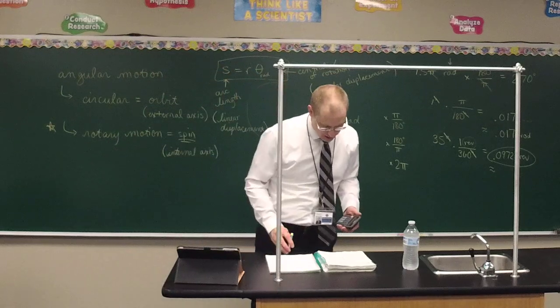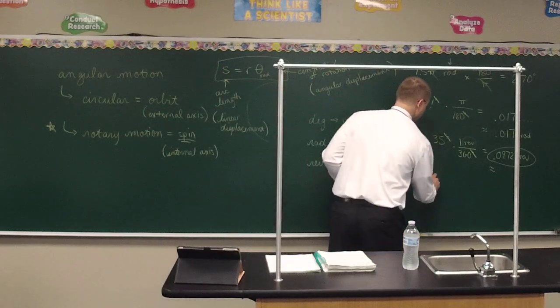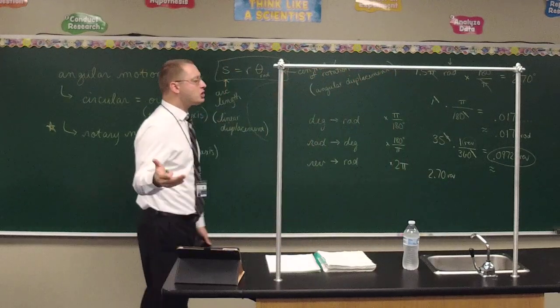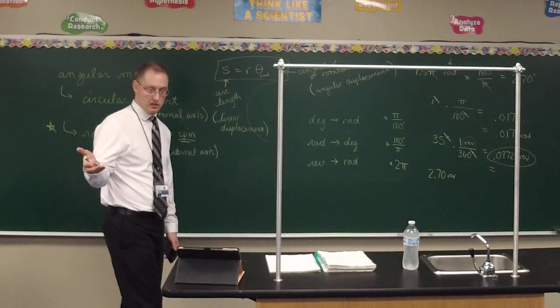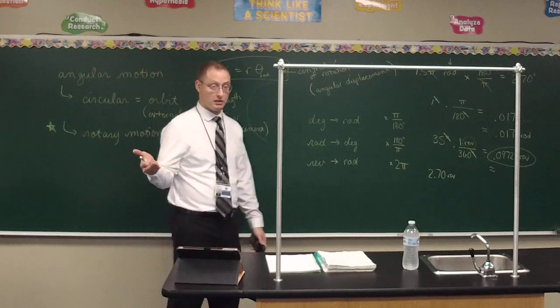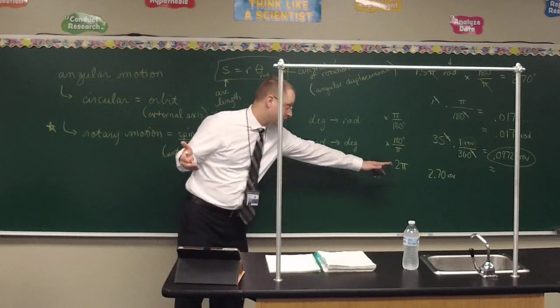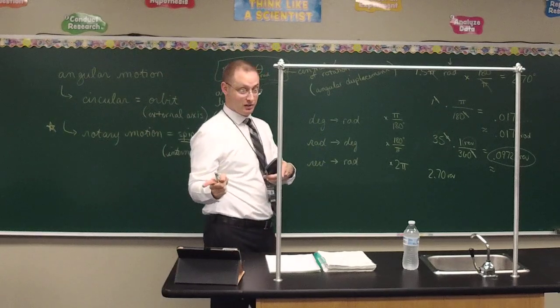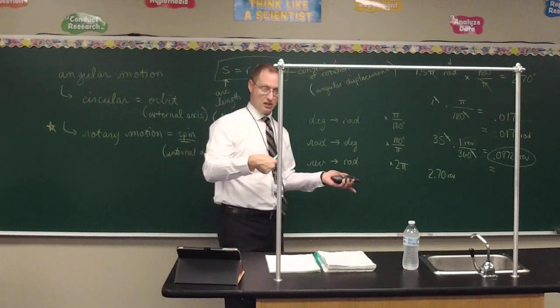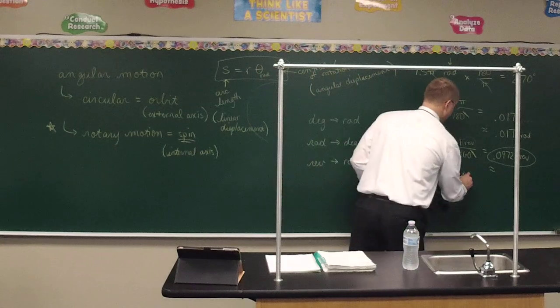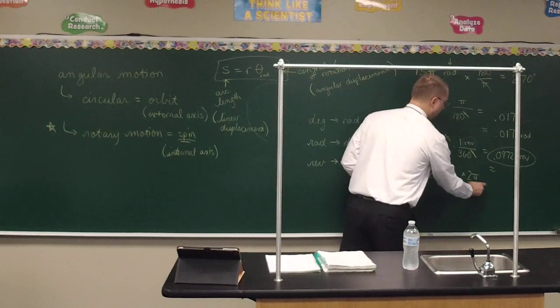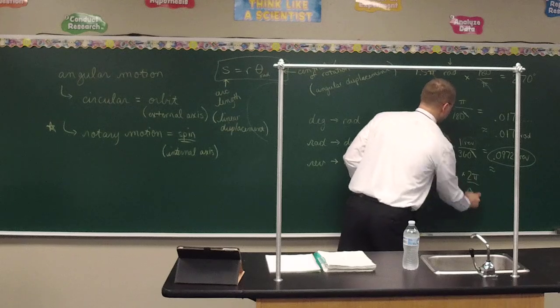Look at the last one here, 2.7 revolutions. Well, again, a revolution is how many radians? 2 pi. A revolution, a complete turn, is how many degrees? How many radians? 2 pi. So all we have to do is multiply that by 2 pi. Technically, you say 2 pi radians over 1 revolution, and so the revolutions cancel.